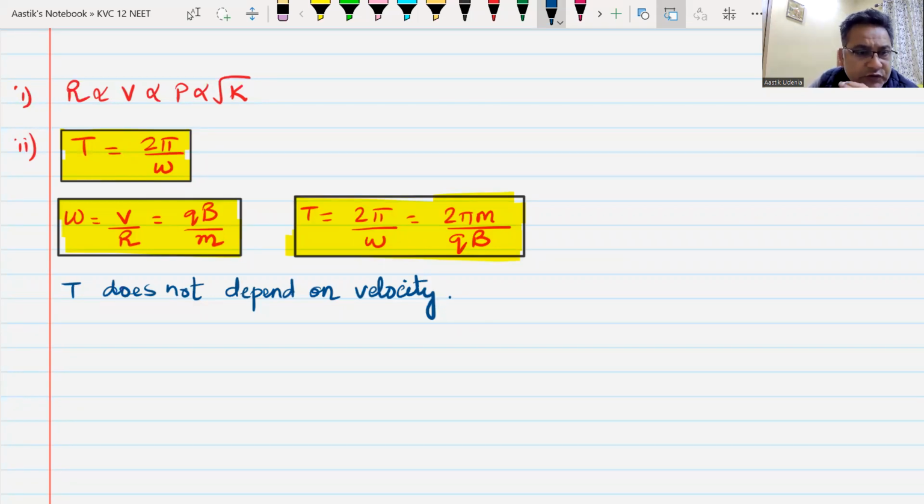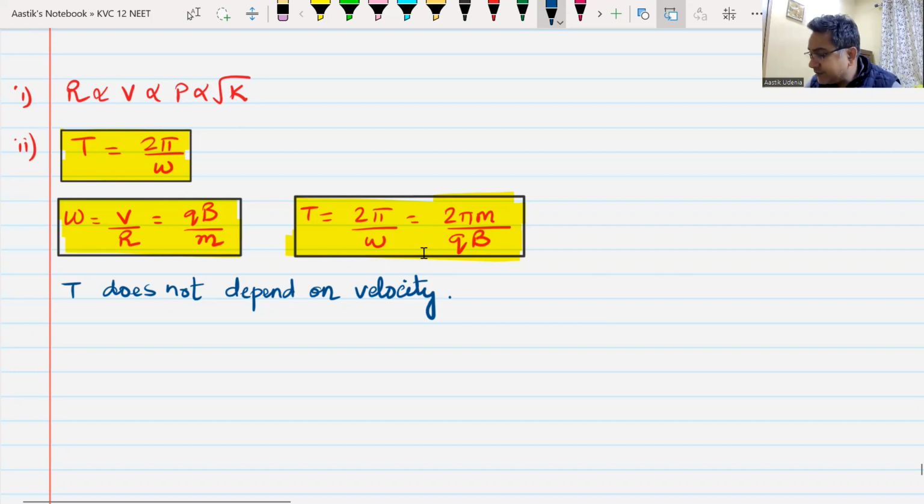Now I will show you a table where we will try to compare the radius of the path described by a proton and an alpha particle. Now remember, what is an alpha particle? These are the questions that I have seen a lot of times.